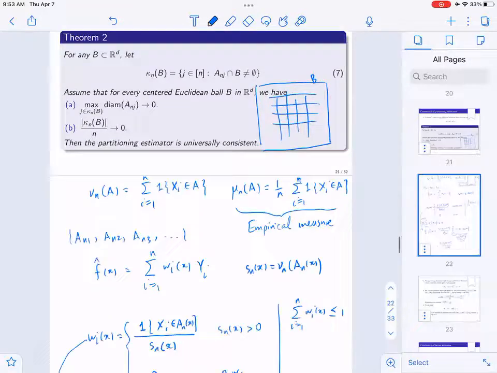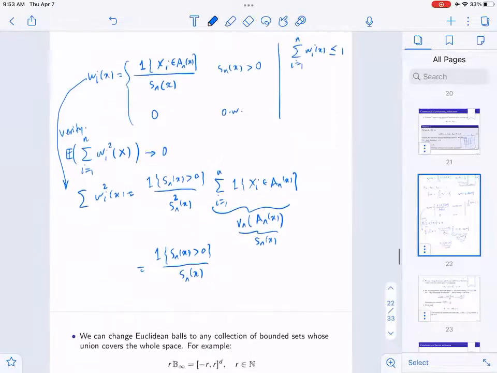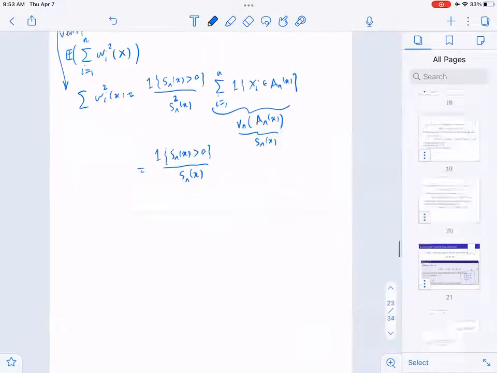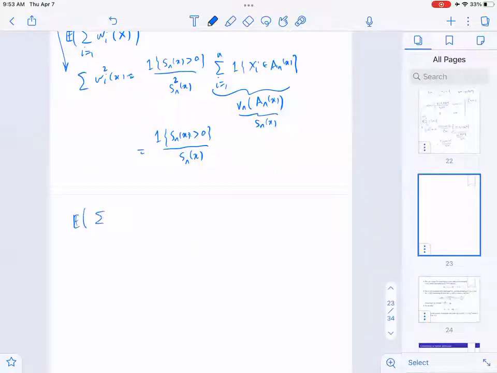That's the plan. So what we're going to do is, I want this expectation. So the expectation of W_i squared(X), I'm going to multiply it by the indicator that X is in B, plus the indicator that X is in B complement, okay?